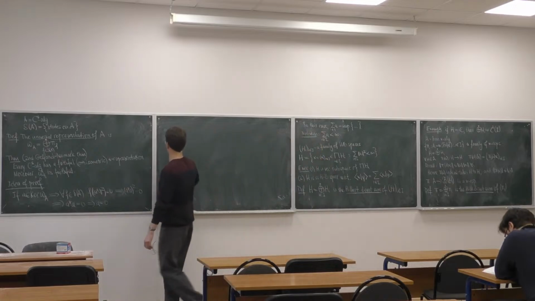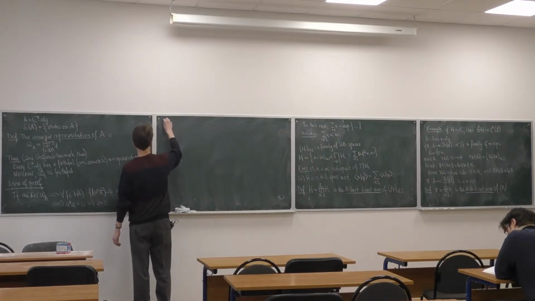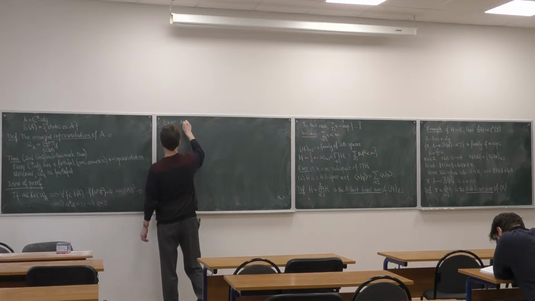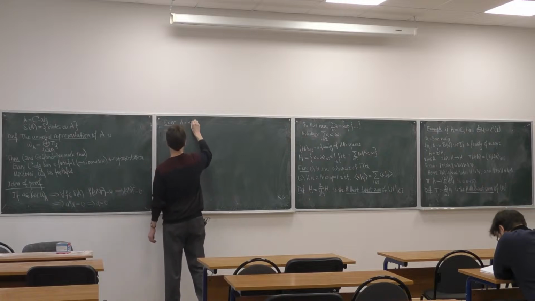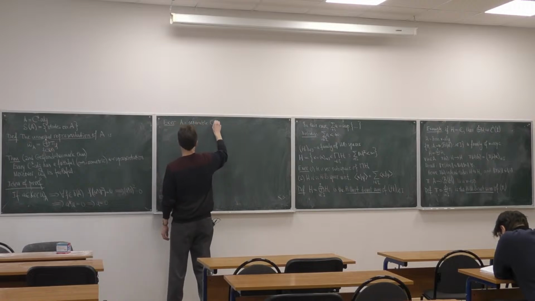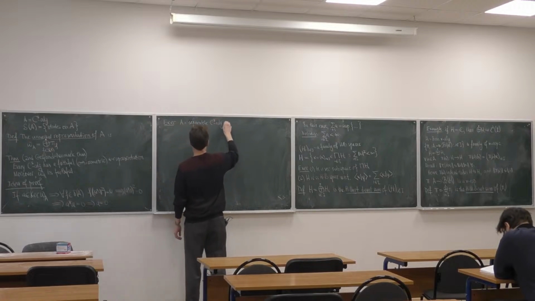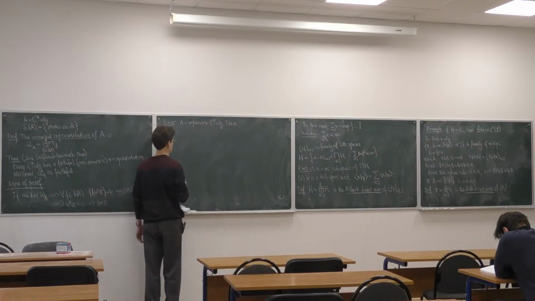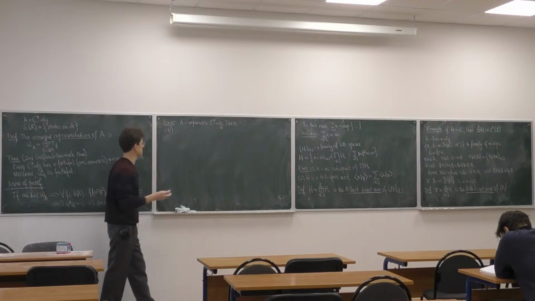But on the other hand, if A is separable, then we have the following exercise. Suppose that A is a separable C-star algebra. Then, first of all, GNS representations act on separable Hilbert spaces.